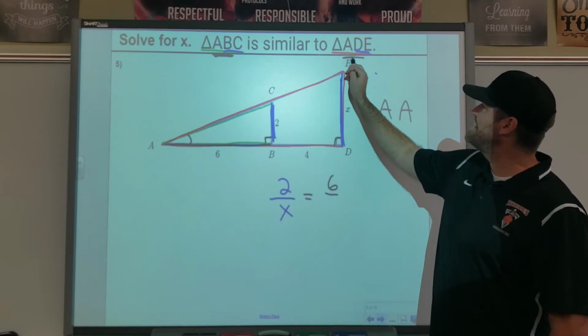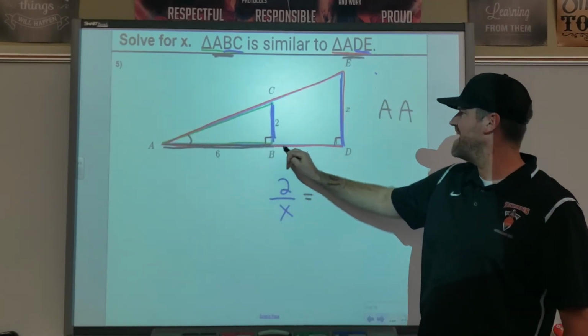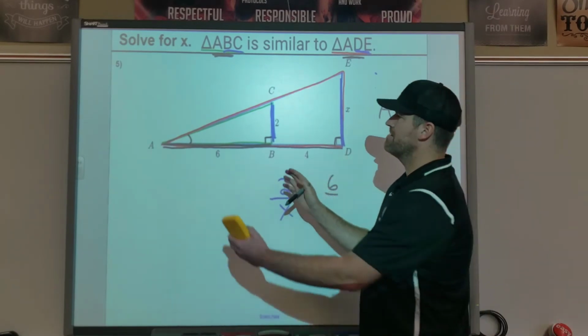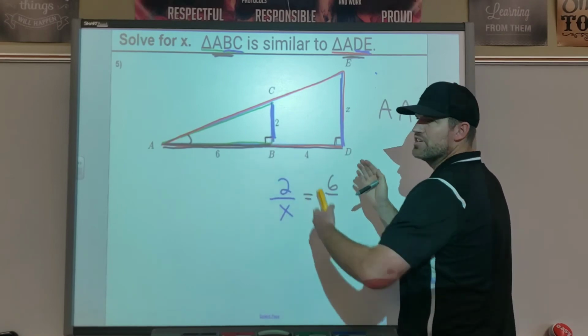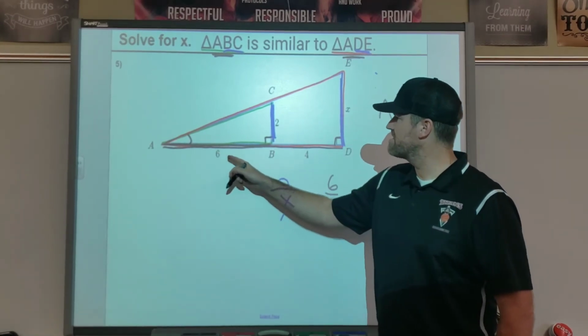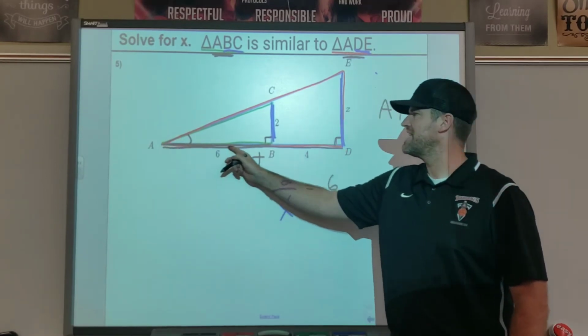And that's going to go with AD of the big triangle. So AD is this section here, which was 6, plus this section here, which is 4. So I need to take the 6 and the 4 and add that together to get the entire length.